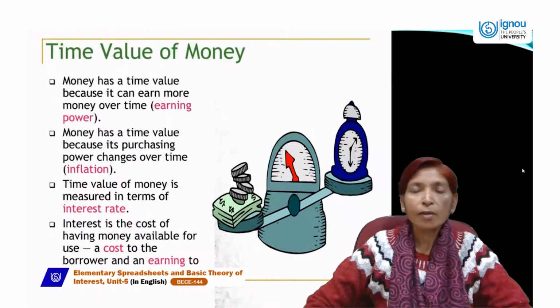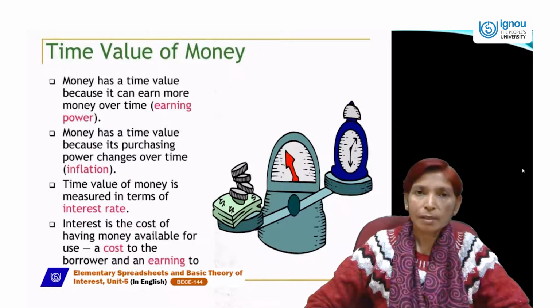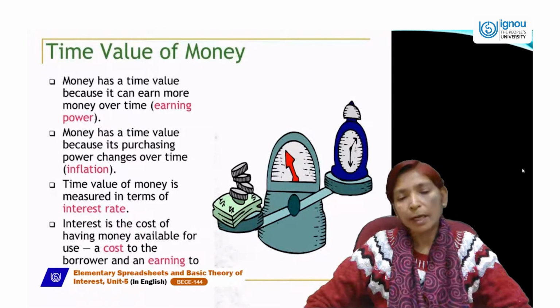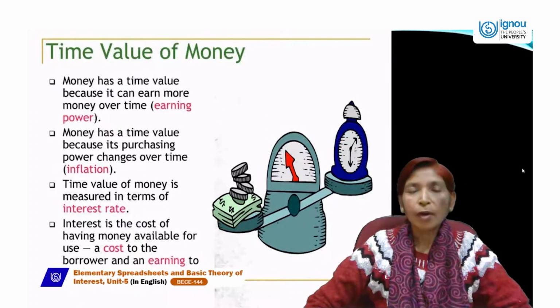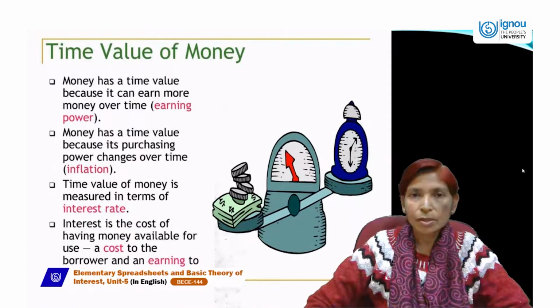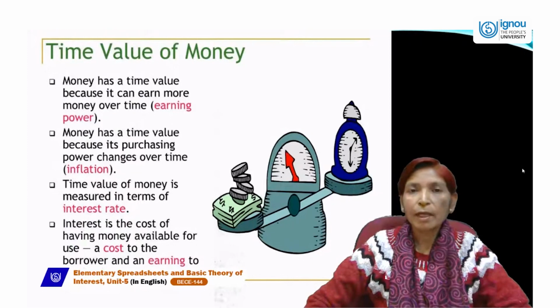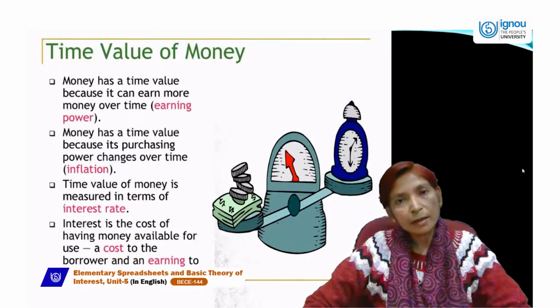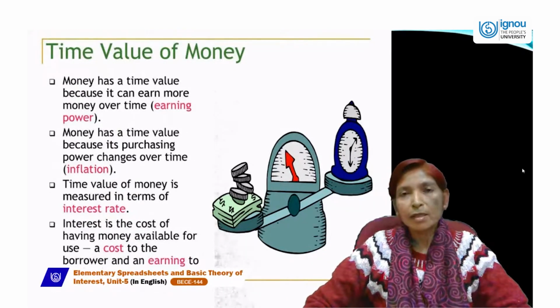Because the lender always gets interest by separating from their money and giving it to the borrowers, and the borrower has to pay the interest to the lender. So from the point of view of the borrower, it's a cost. Interest payment is the cost of borrowing money and it is the earning of the lender.